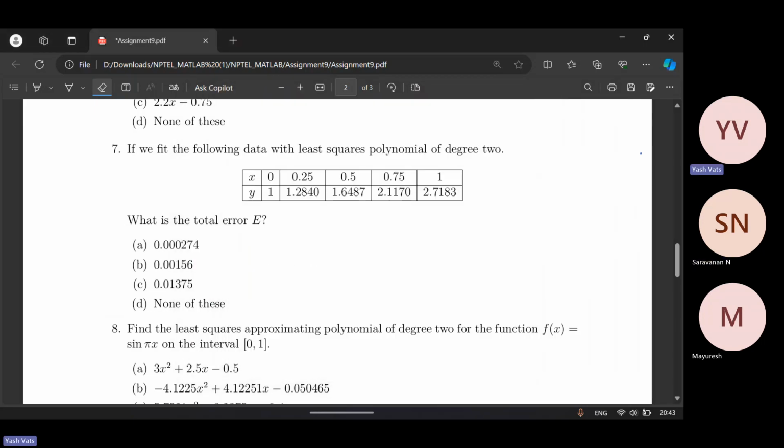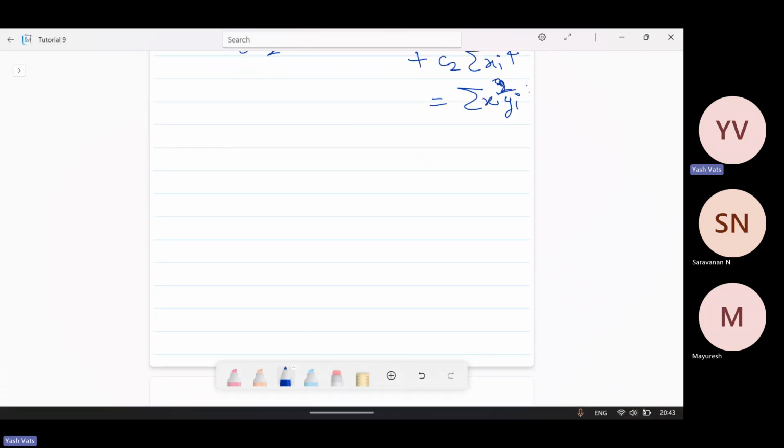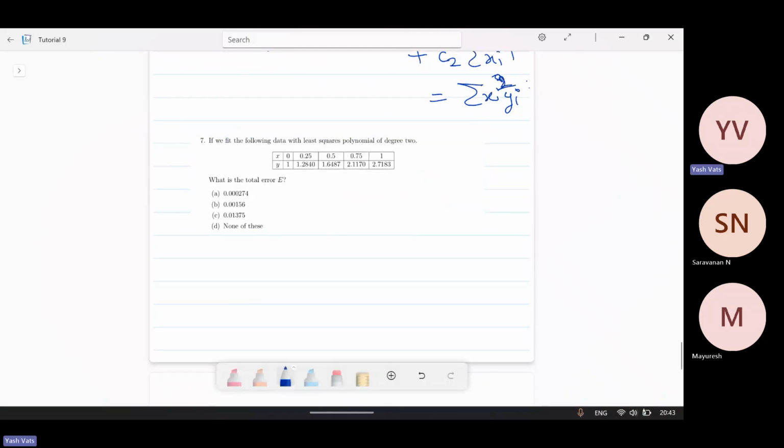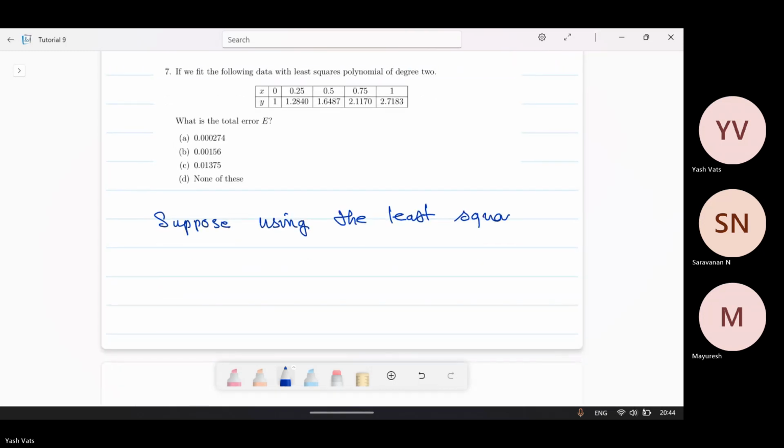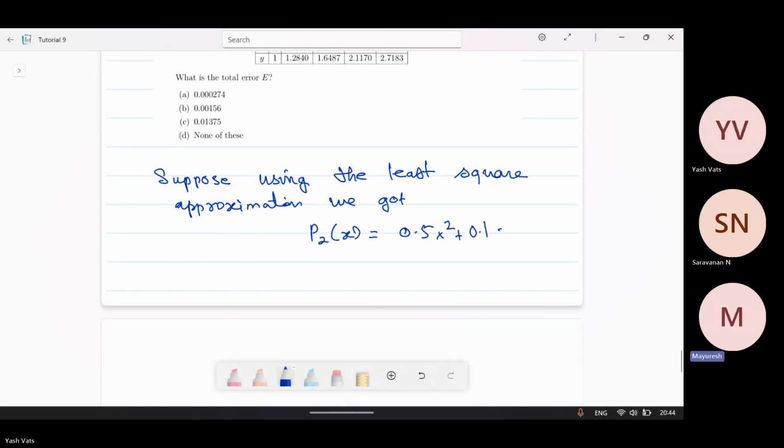Okay, without solving that much actually, we just say that at some specific point, suppose using the least square method approximation, we got this polynomial p2(x) equal to, say, 0.5x squared plus 0.1x plus, let's say, 1.